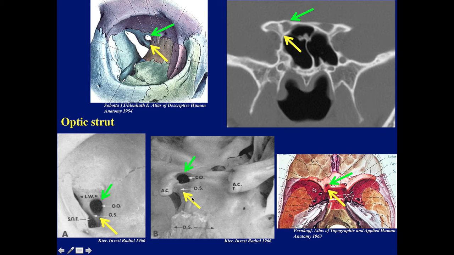Here it is looking from behind, from inside the skull: optic canal, anterior clinoid, and the optic strut between the optic canal and the superior orbital fissure. And here on the CT, optic canal, anterior clinoid, and superior orbital fissure.